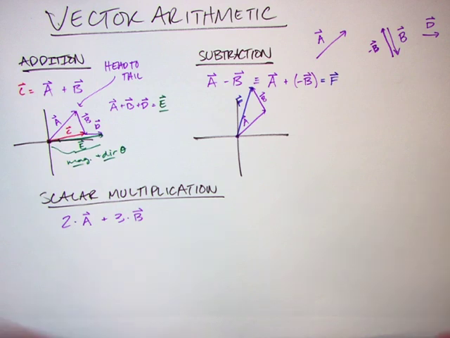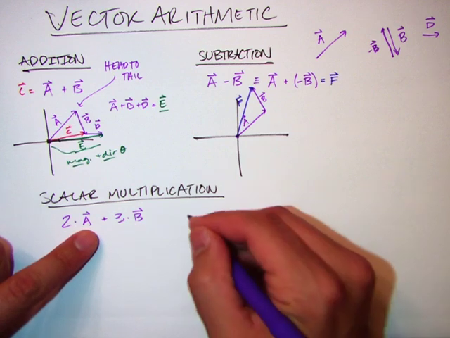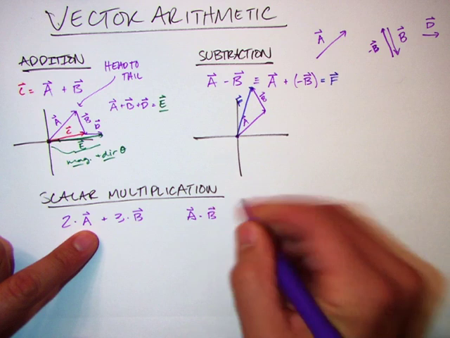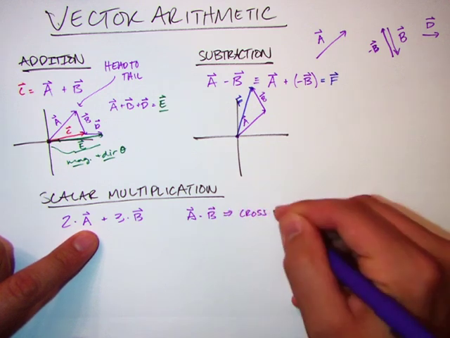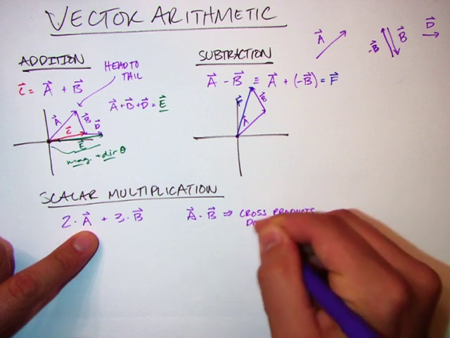So one other thing I can do, now in this case, I'm not multiplying vectors by vectors. When we get into multiplying like vector A times vector B, we're getting into cross products, dot products.